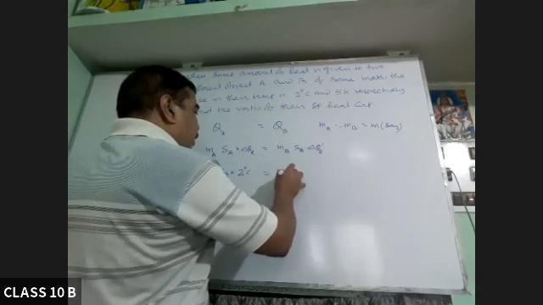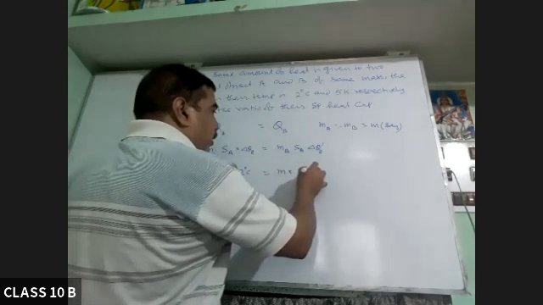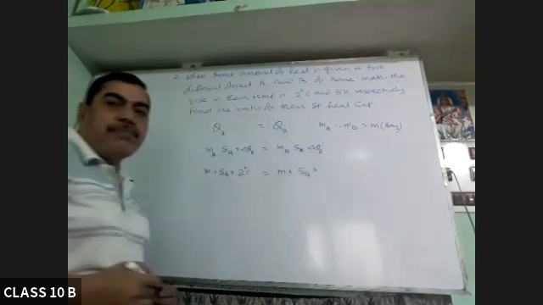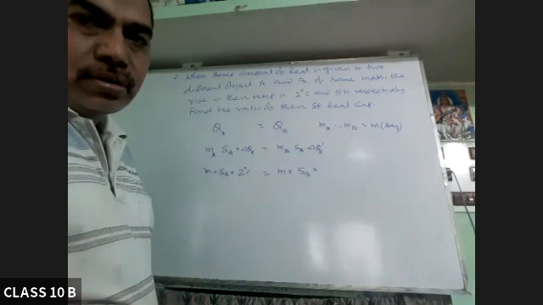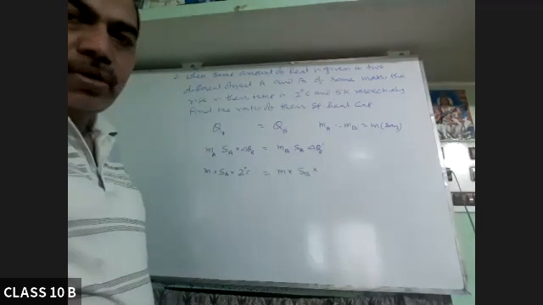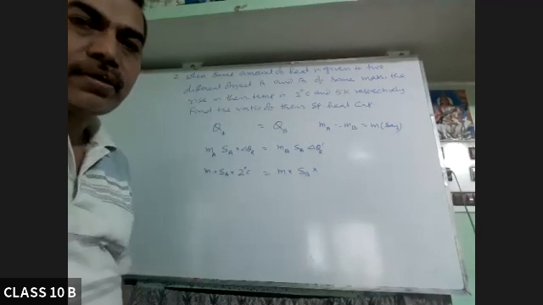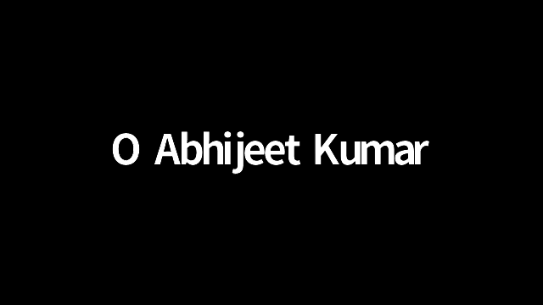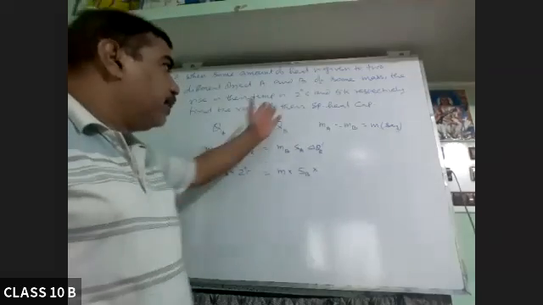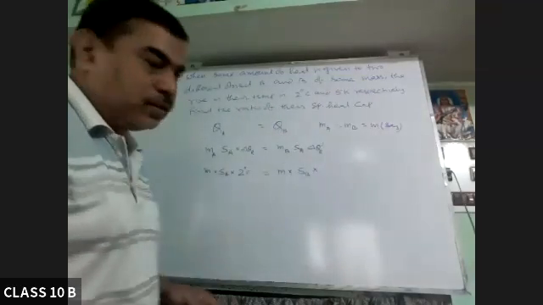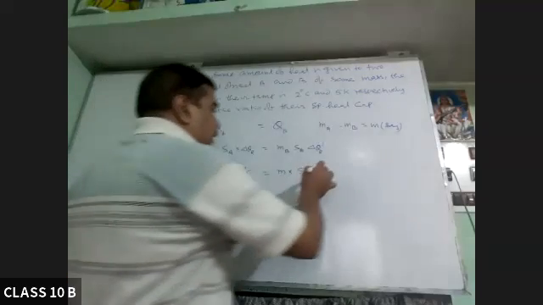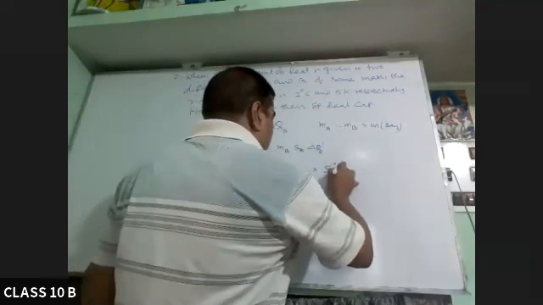This is again M, specific capacity to find, and this is 5 Kelvin. Will 5 Kelvin be equal to how many degrees Celsius? 5 degrees Celsius. Here it is a rise in temperature, so whether it is given in Kelvin or Celsius, it is 5 degrees Celsius.